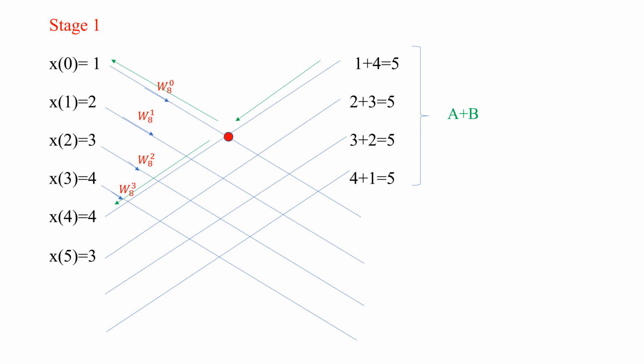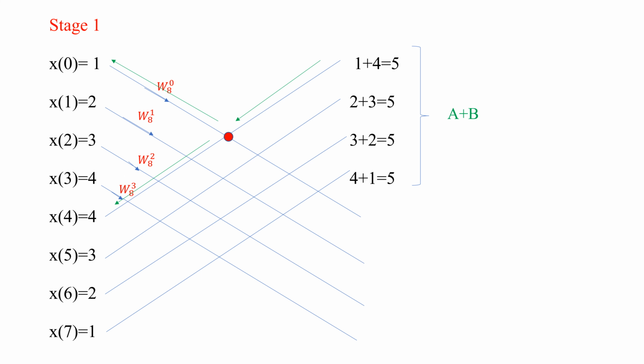Here we are going to use the formula a plus b. Before finding a plus b, first we should know what a and b are for a particular output. For the first output, we should find what the inputs are. For that, you can refer to the green color arrows.